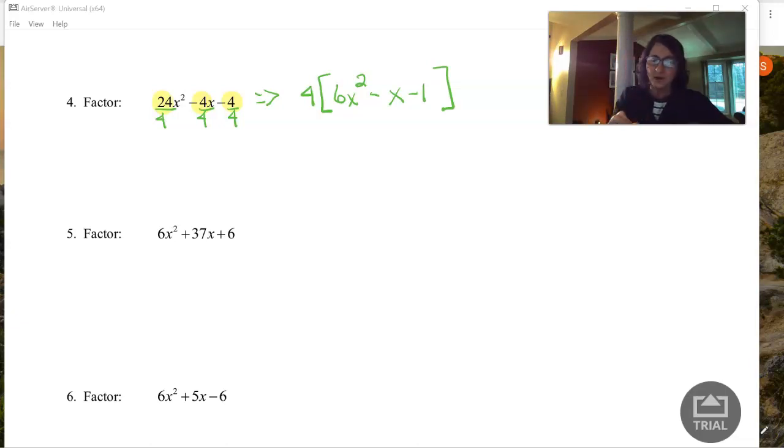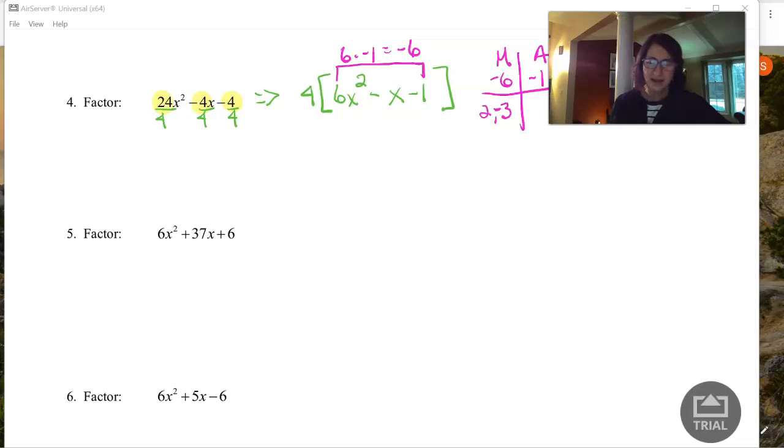So I'm going to go ahead and take 6 times -1, which is -6. So I'm looking for what can I multiply that gives me -6, but is going to add to that middle term of -1. I think 3 and 2 might work. If I do a 2 and a 3, making my larger number negative, that will give me my -6.